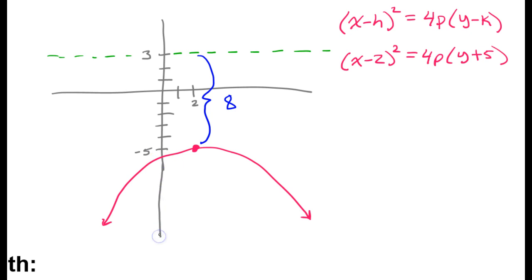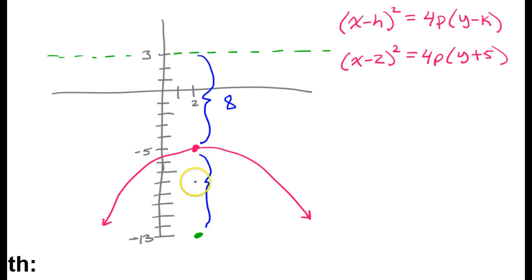So 1, 2, 3, 4, 5, 6, 7, 8. So that's going to put us at negative 13 if I go down 8 again. So boom. And again, just to be super clear, it's because this was 8, then this was also 8.